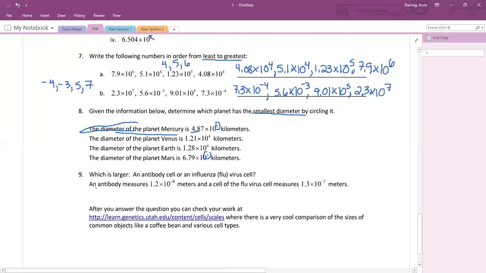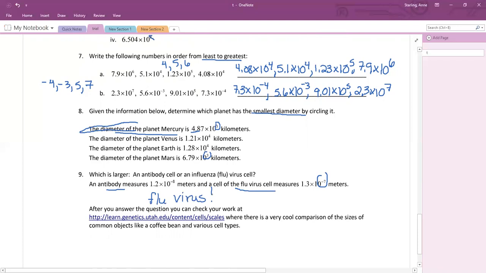And then let's see, is an antibody or a flu? -8, -7. That actually means that the flu is 10 times bigger than an antibody. So the flu virus cell is bigger by 10.